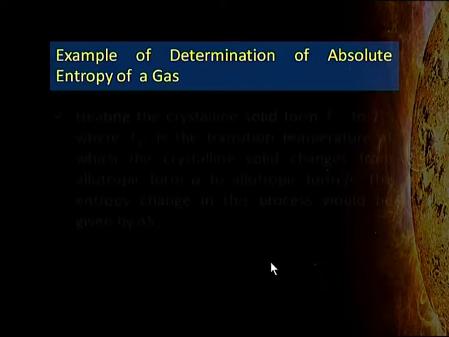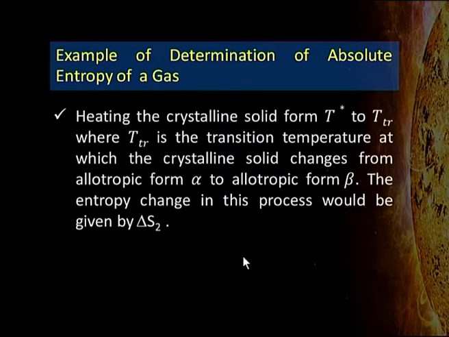The next step is heating the crystalline solid from T star to T Tr, where T Tr is the transition temperature at which the crystalline solid changes from allotropic form alpha to allotropic form beta. The entropy change in this process would be given by delta S2.